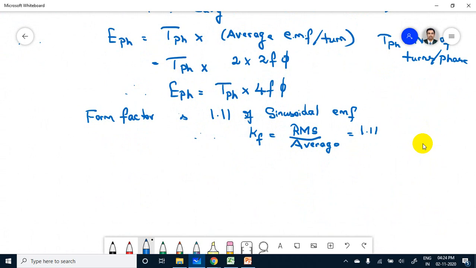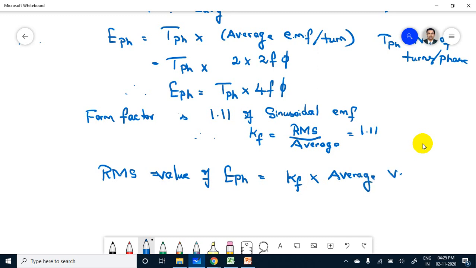Now by using this, we have to find the RMS value of E phase, which is equal to Kf into the average value.